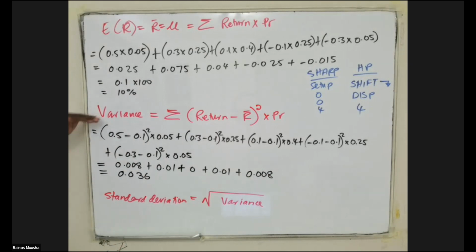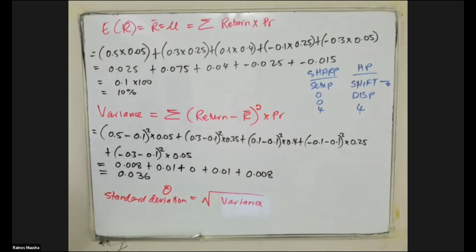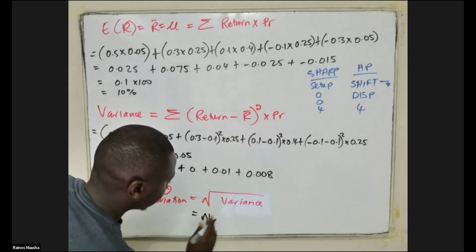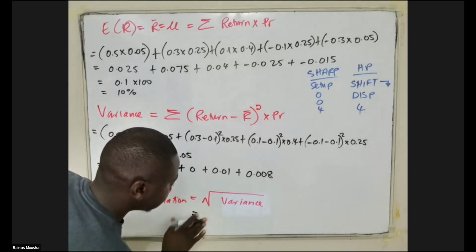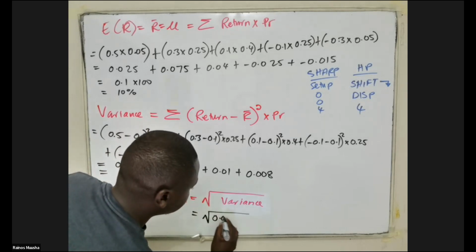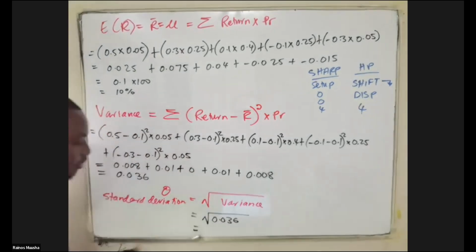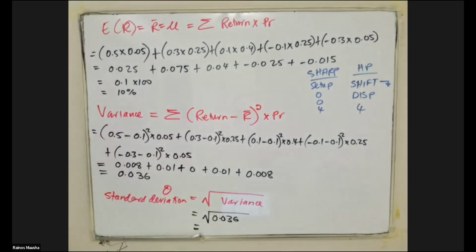From the variance, we can now calculate the standard deviation. Remember, your standard deviation is sometimes represented with theta, right? So your standard deviation is the square root of 0.036. And how much do you get?